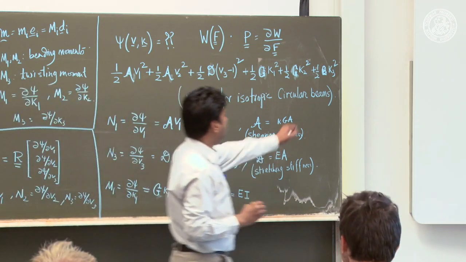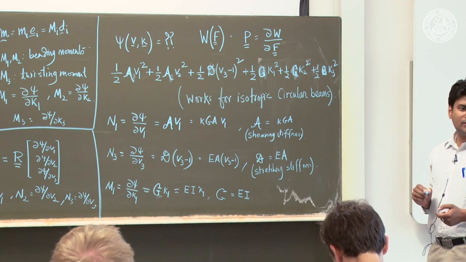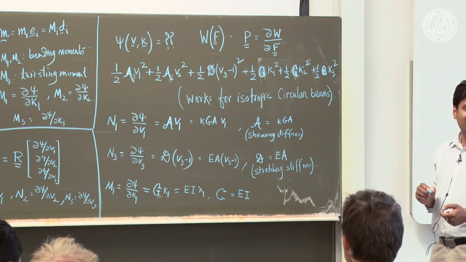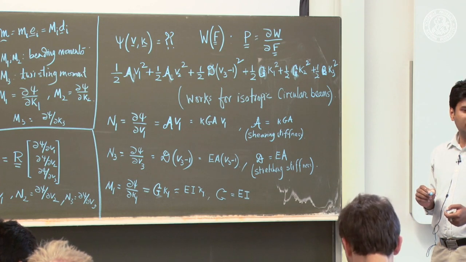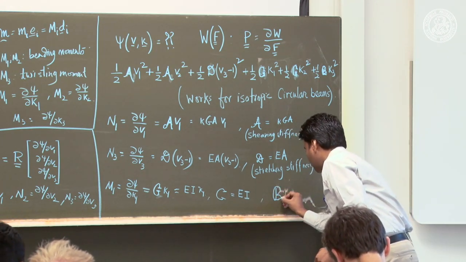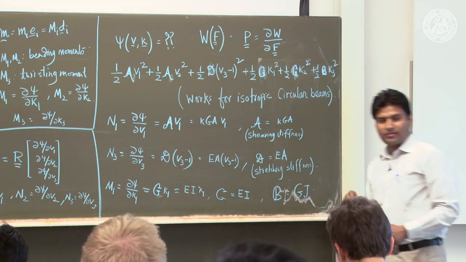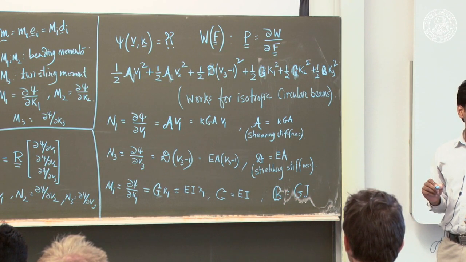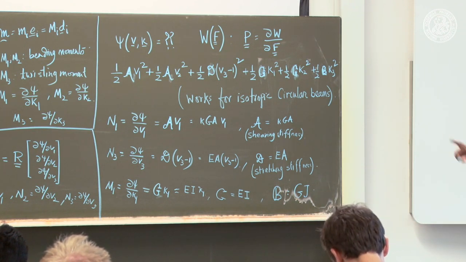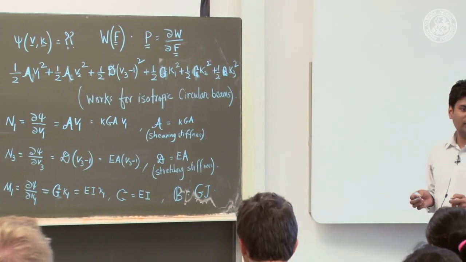And can you guess what scripted B will be equal to? So your B is equal to GJ, right? So you see, you got all the constants also. So your energy function is now completely defined, well defined.